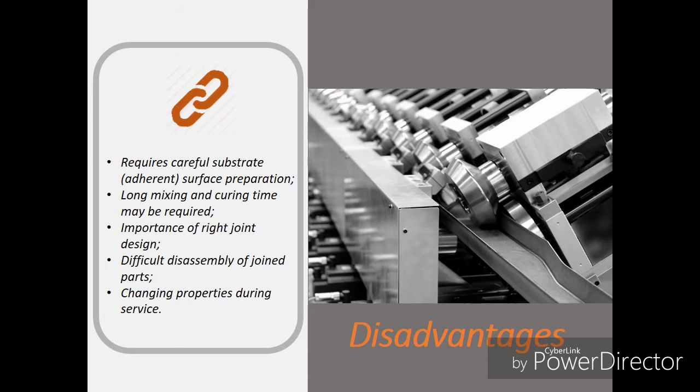And it is important to have the right joint design. If we design it wrongly, the adhesive bonding will not work properly. And some of the adhesive bonding is difficult for the assembly of joint parts and may change the properties during the service.